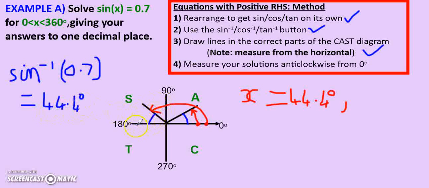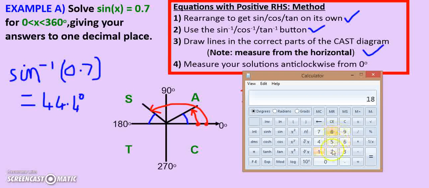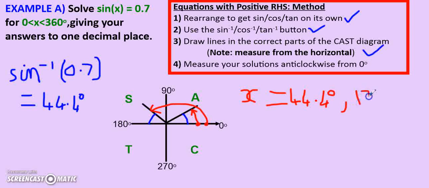So the real angle we've got is 180 minus 44.4, which you will expect to be 135.6. And that's our second solution. So that's how to use the cast diagram to get both solutions to this particular equation on this particular interval. Let's try a couple more.